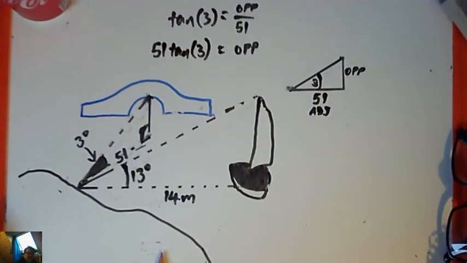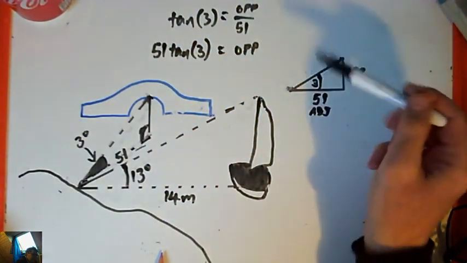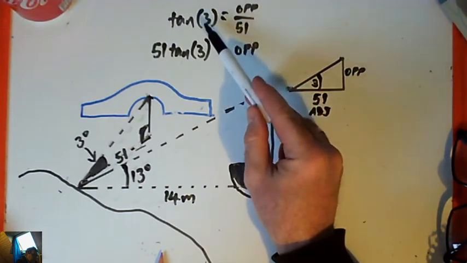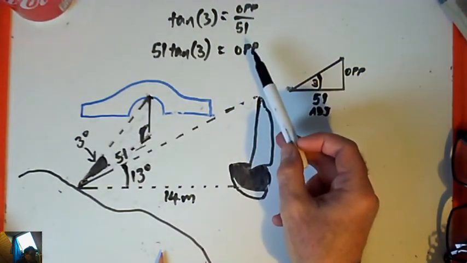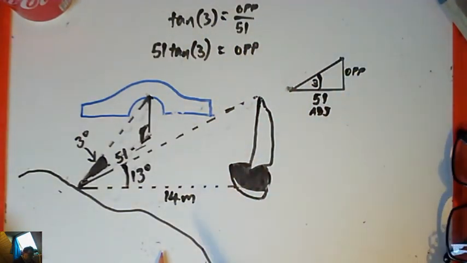So tan of 3 equals opposite over adjacent. Tan of 3 equals opposite over 51 is the adjacent. Multiply both sides by 51. 51 tan 3 gives you the opposite side.